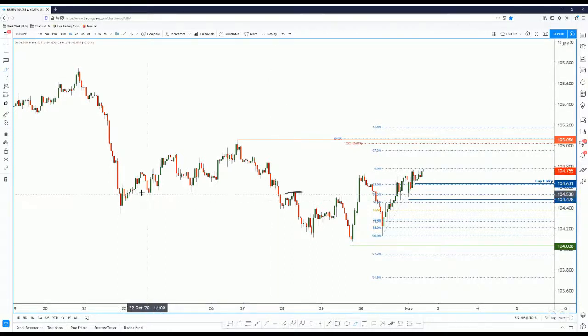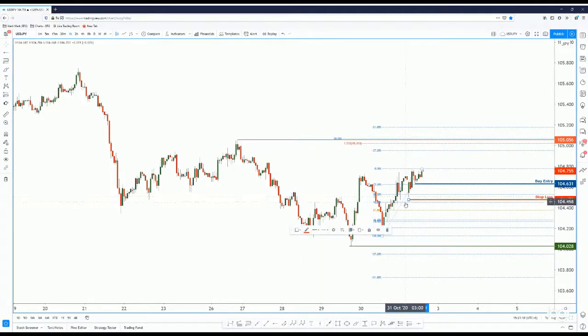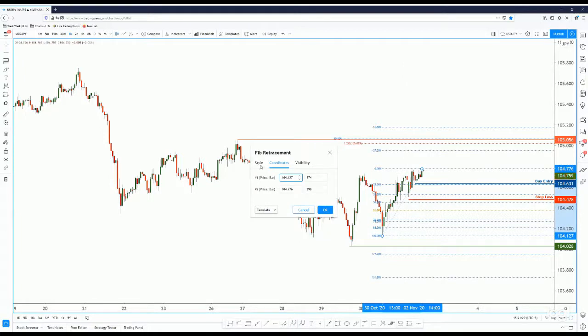And if we look further to the left, there's one level here and one more level here. So with that, 38.2 seems like the greatest possibility, but I'm still going to put the stop loss just slightly below, because I just want to give my trade a bit more room to breathe.